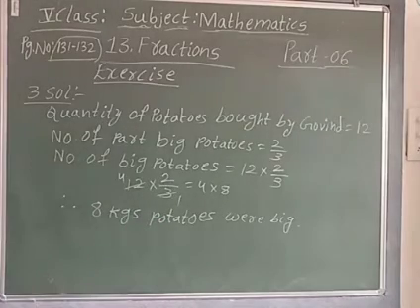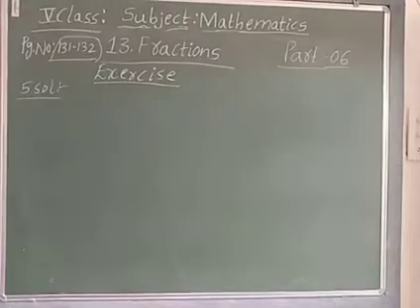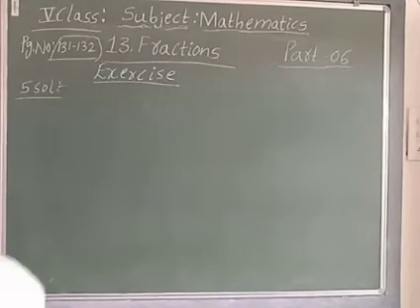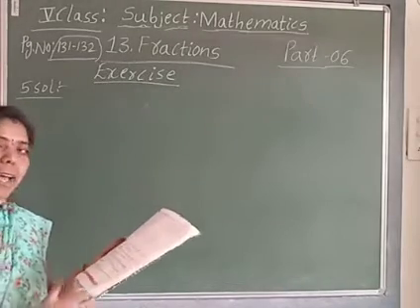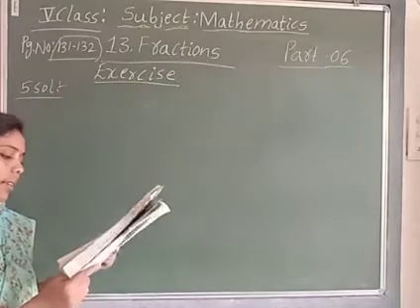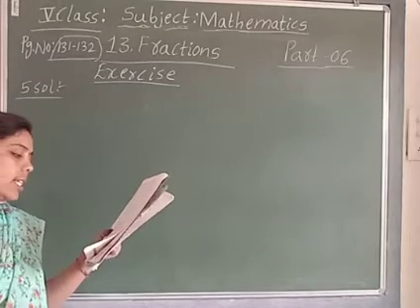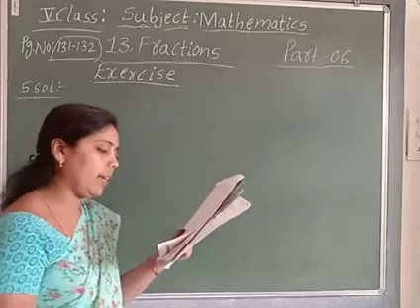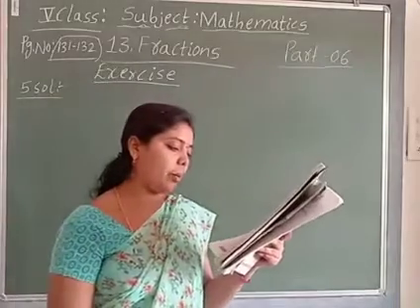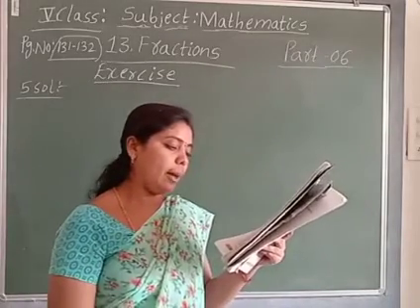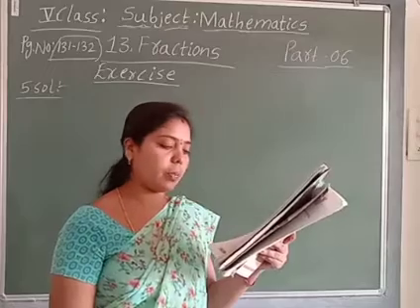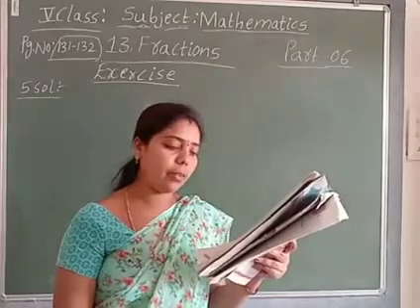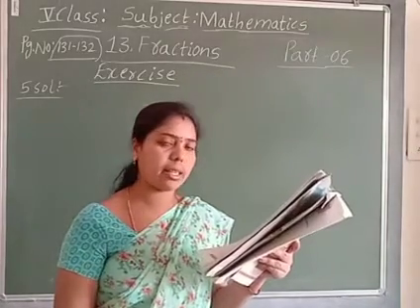5th question, right children? Note down first this. One day has 24 hours. If he sleeps for 1/3 part of a day, studies and works 1/2 part of a day, and plays for 1/6 part of the day, then how many hours does he spend in each of these activities?